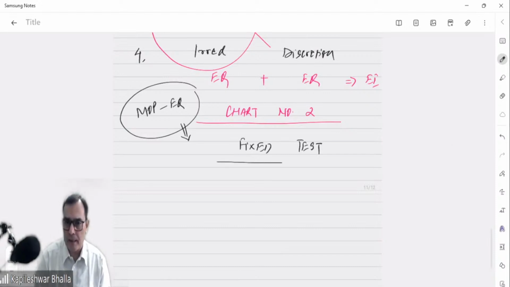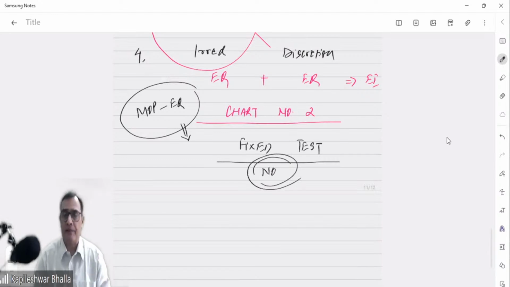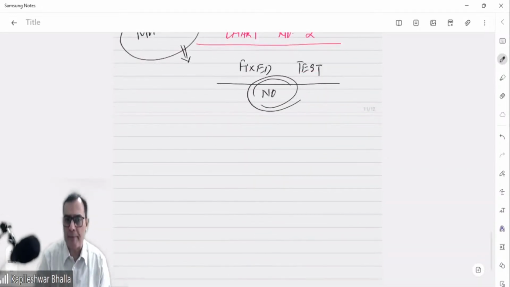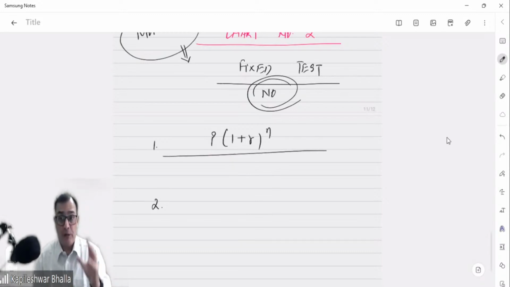So we need to apply the fixed test and see whether the number of equity shares to be given is fixed or variable in number. I see only 2 permutation combinations in this case. If you compound the principal at a given rate of interest for n number of years, remember that illustration 15?